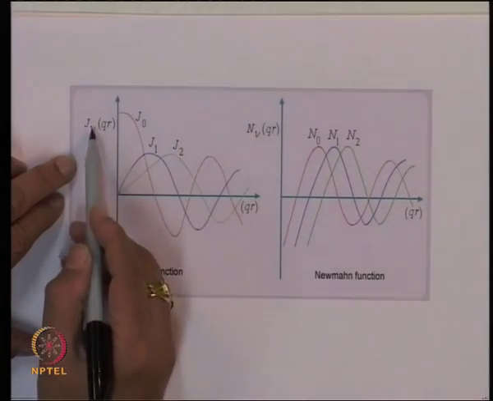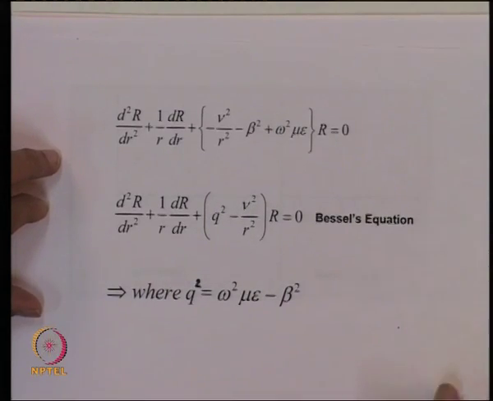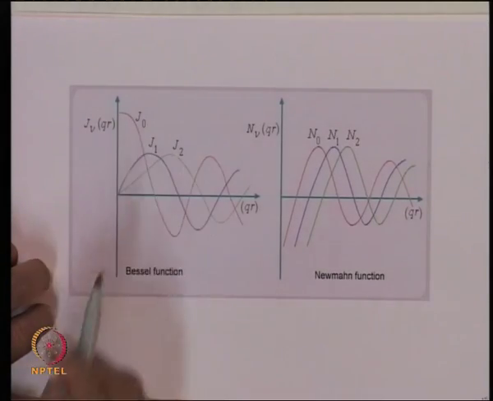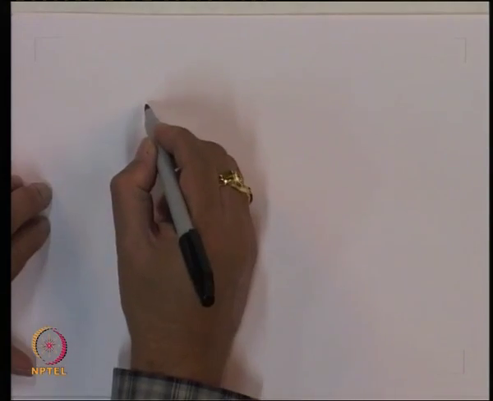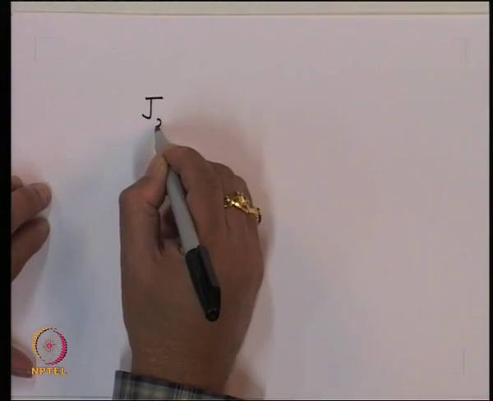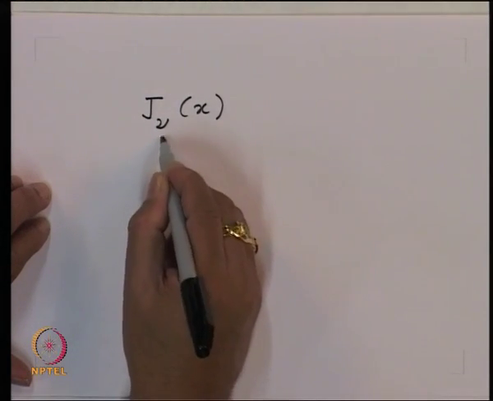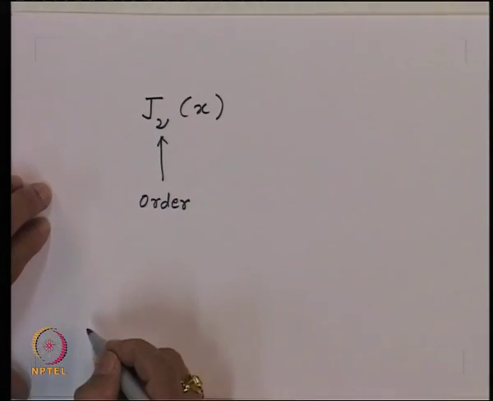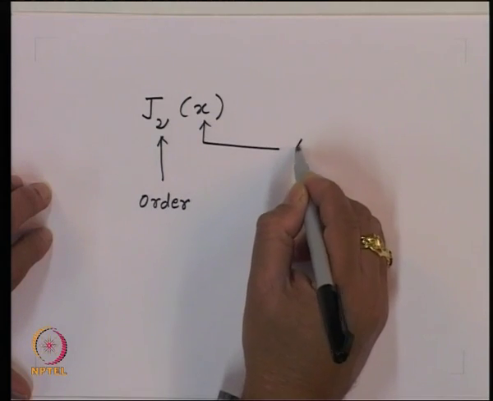This quantity nu is what is called the order of the Bessel function, and the quantity q r is what is called the argument of the Bessel function. So, essentially we have a Bessel function J nu of x, where nu is the order of the Bessel function and x is the argument of the Bessel function.